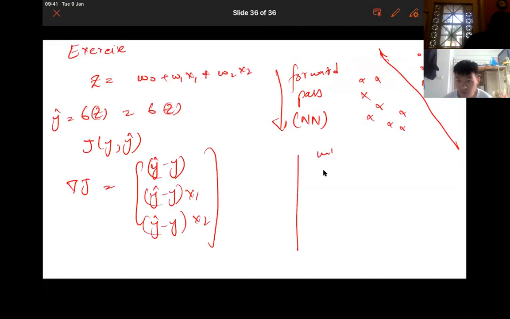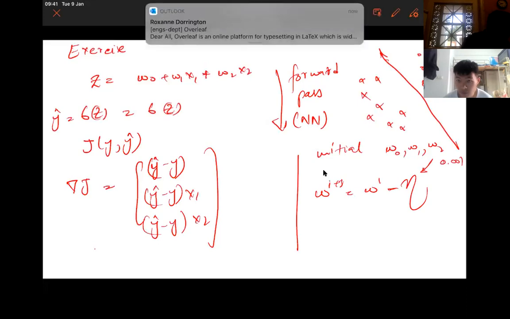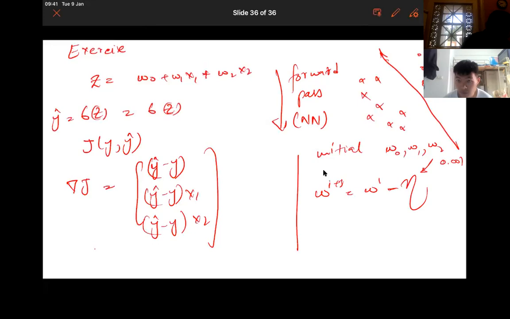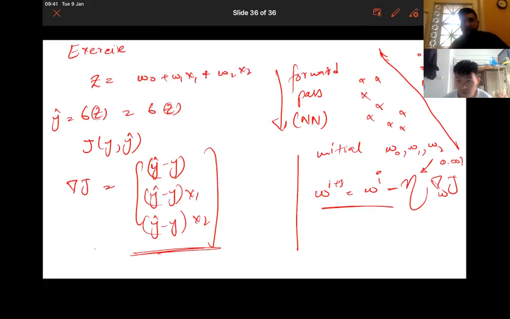So you would initialize w0, w1, and w2. And then you would use this gradient to update it. You would say that w at iteration i plus 1 would be wi minus some learning rate, keep it small, something like 0.001, or maybe smaller than that, times the gradient of J with respect to w. So you calculate this, then you use it to update your weights, and you repeat it until you reach a minimum.